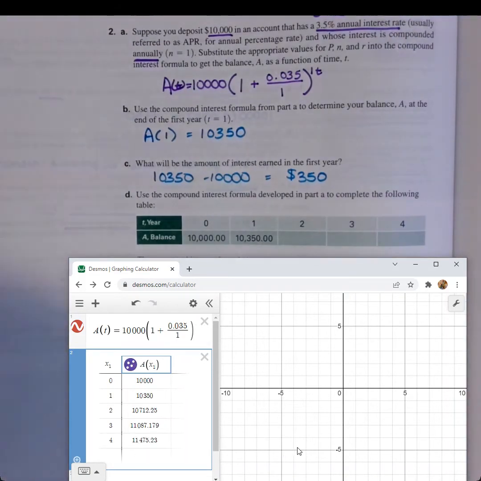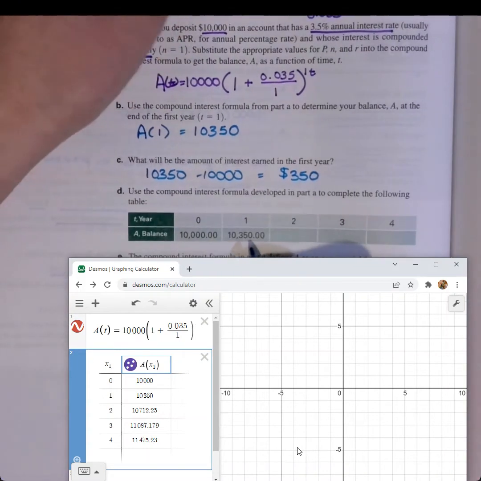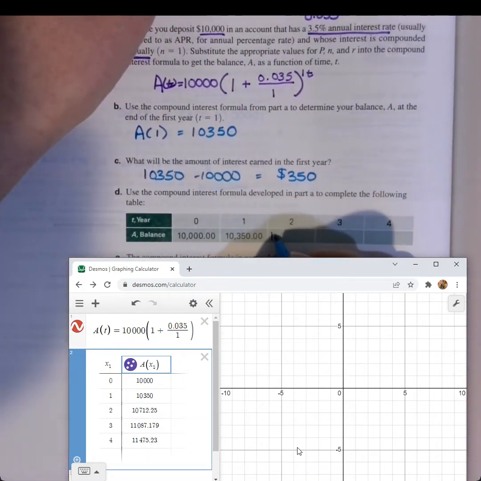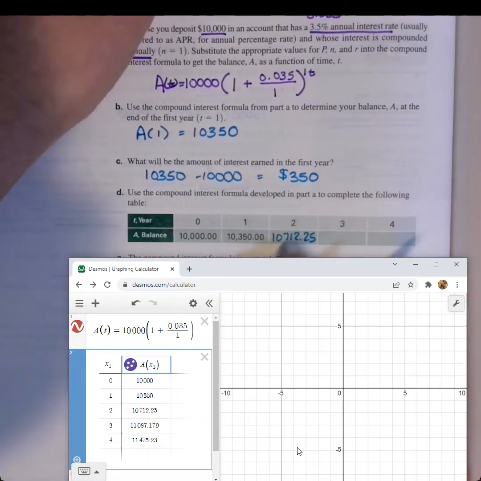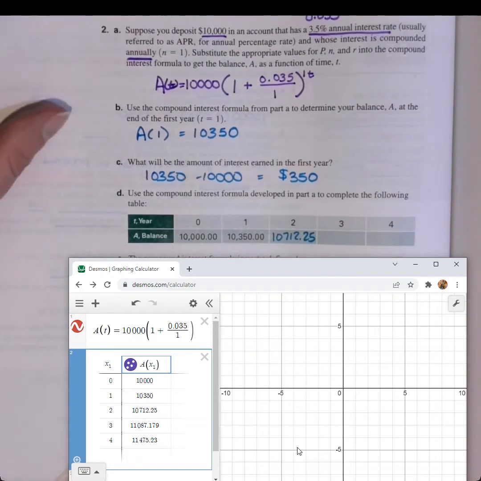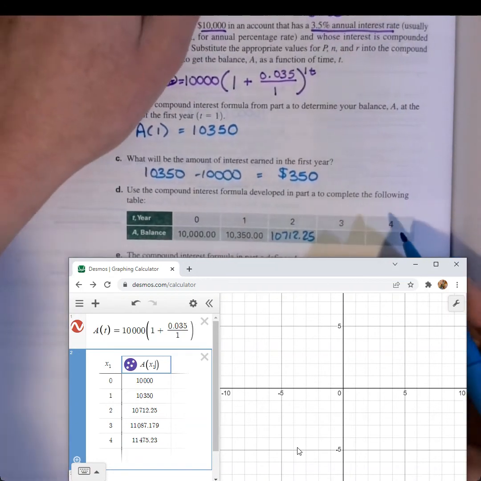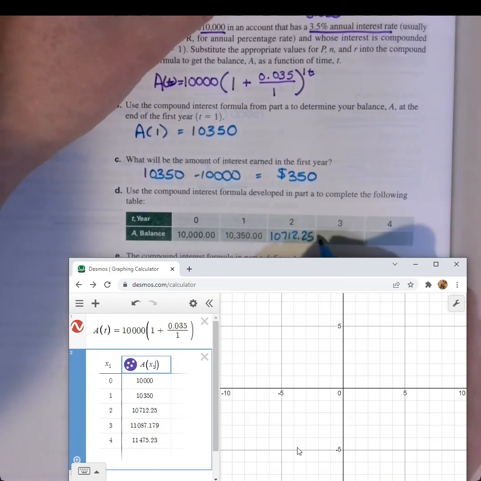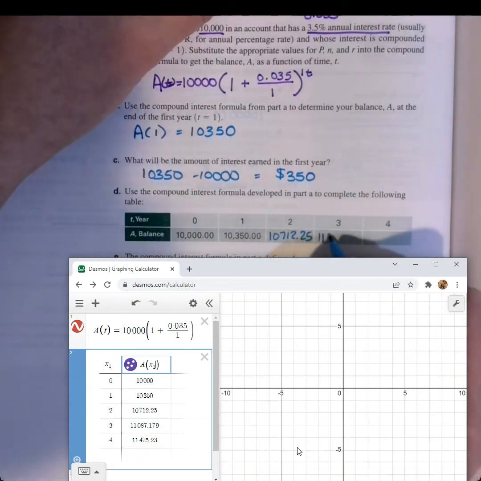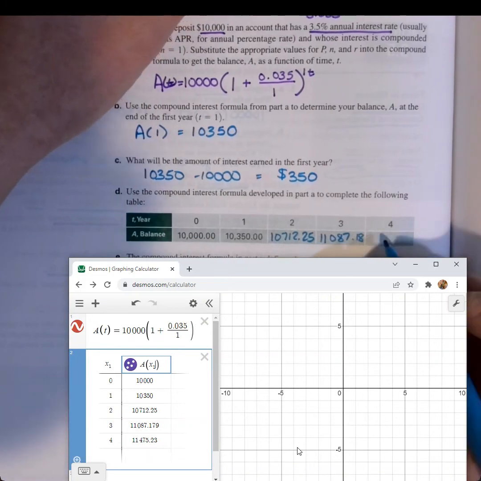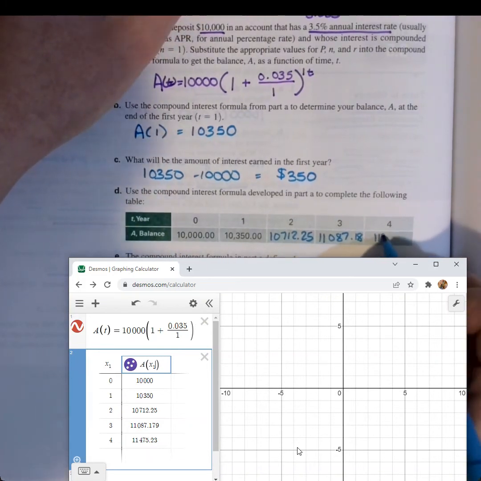All right, so 10,000, 10,350, $10,712.25. That one we had also seen in the previous page. If you flip back, you'll notice that for the second year. Then we have $11,087.18, and last, $11,475.23.